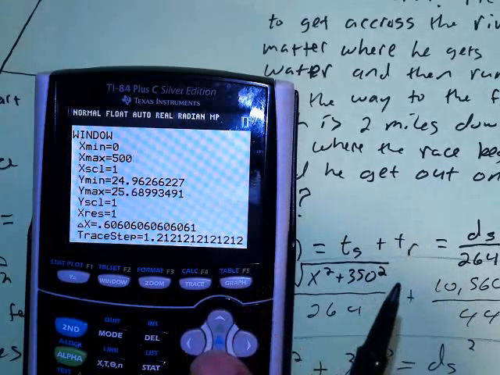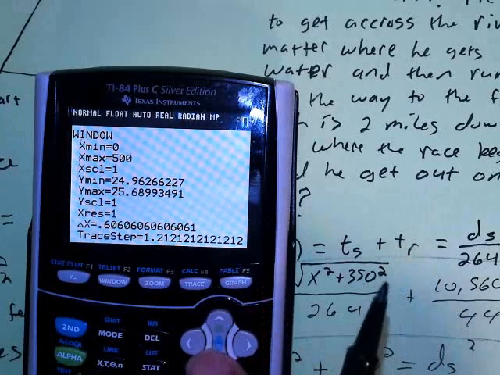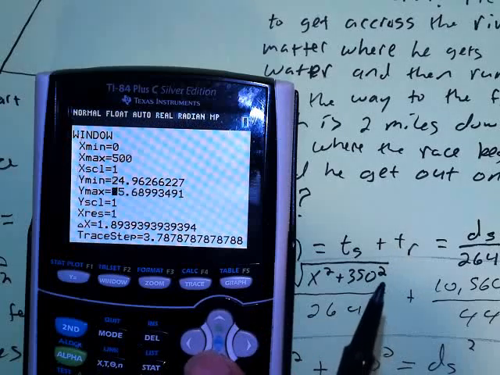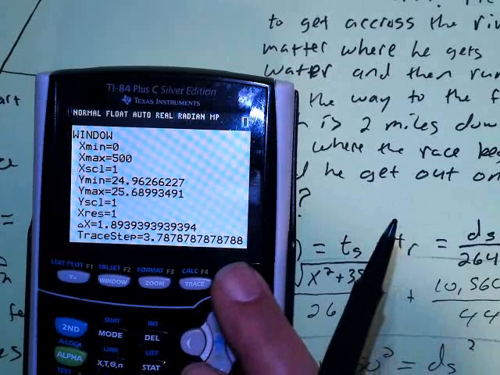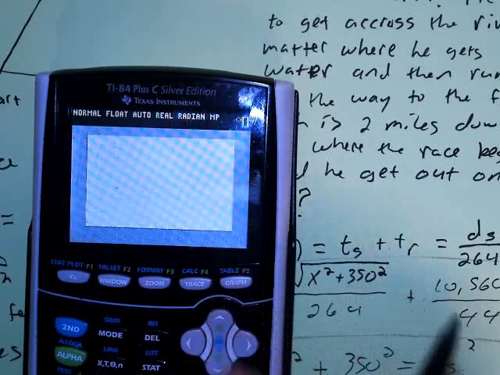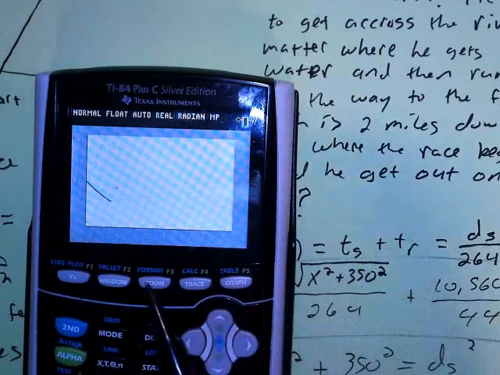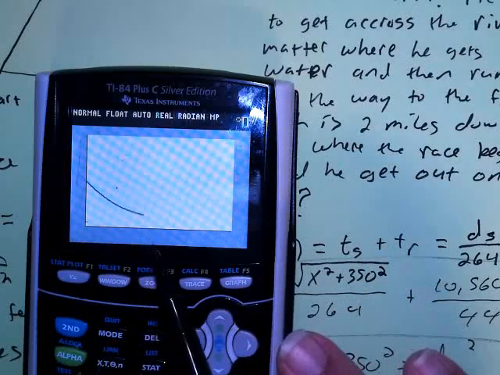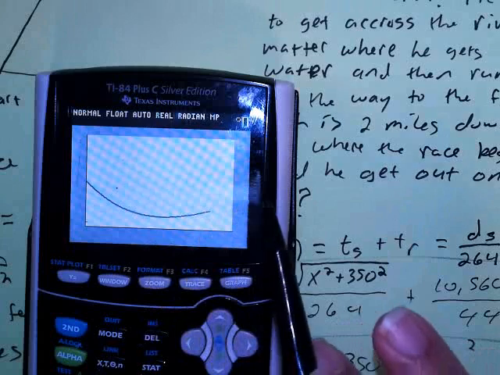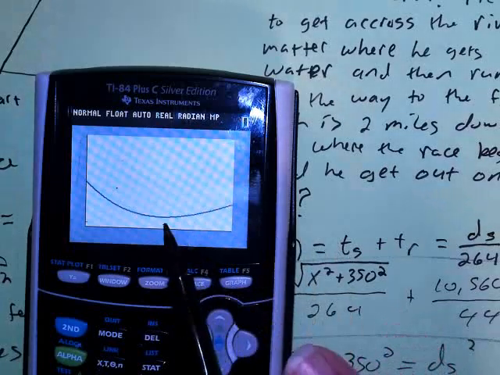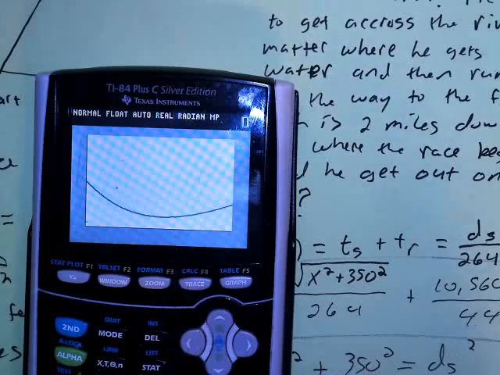Okay, and then you can see my Y min and Y max are very close together. So that's surprising. So let's keep that. So now it's starting at that, and you see it's going down. And it does curve back up, very surprisingly. And there's a minimum value in there. And that's actually the answer to my question.